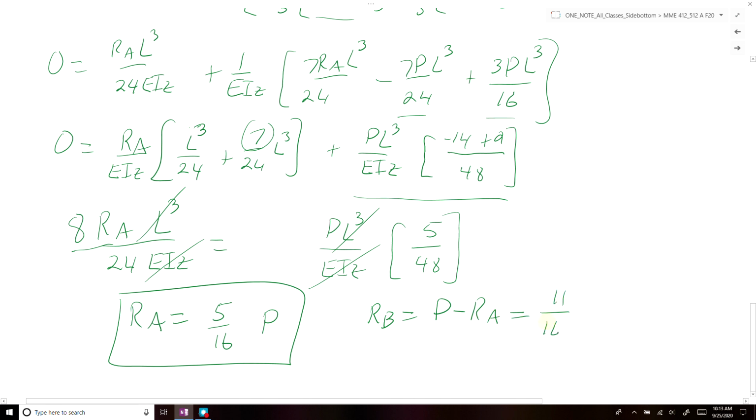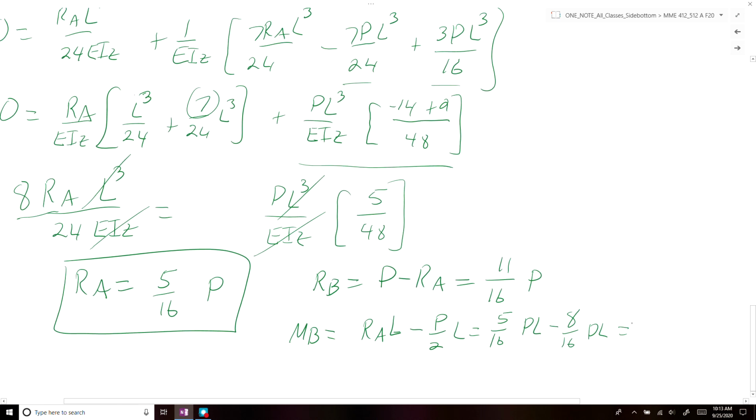Therefore, it would be equal to 11 over 16 P. And we know that our moment MB would be equal to RA L minus P over 2 L. So we would get 5/16 PL minus 8/16 PL, which is just going to be equal to minus 3/16 PL, which just means that the applied moment would be clockwise. It would be a clockwise moment.